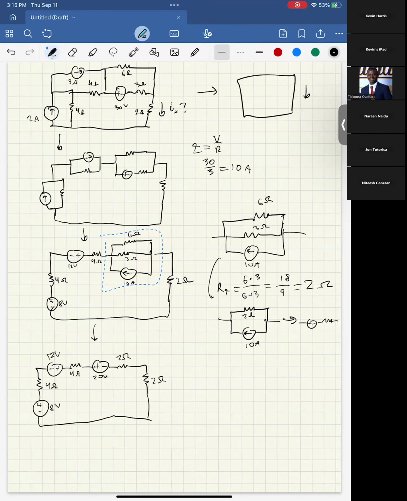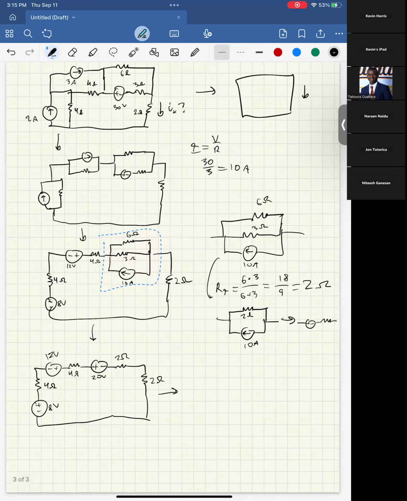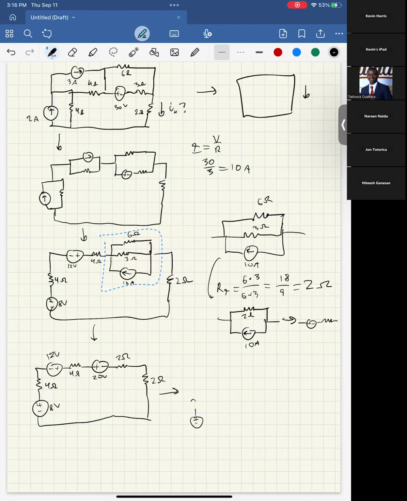And now that we have this, it's pretty trivial to figure out the current. Since they're in series, we can move them around however we want, since for components in series, the order doesn't matter in terms of current. So this is equal to having these three just next to each other, and then all the resistors over here.